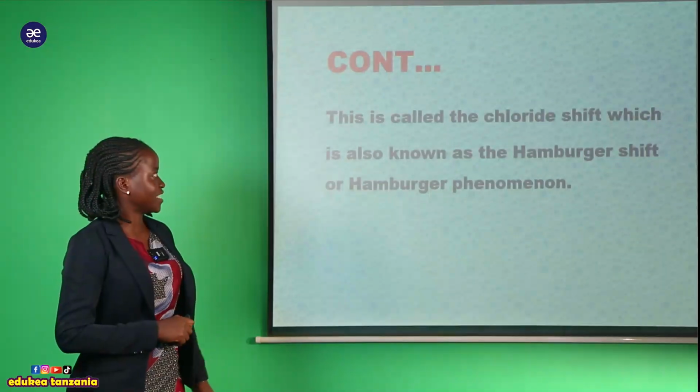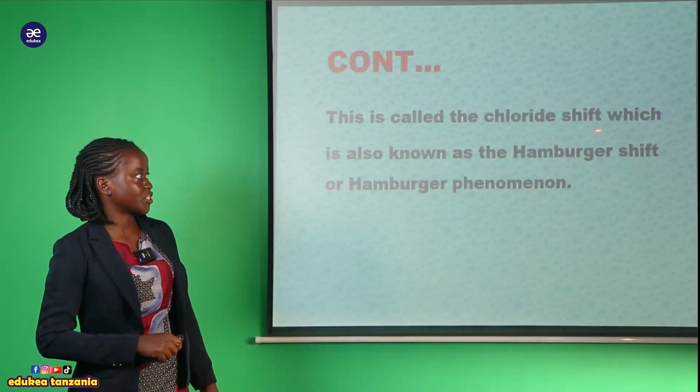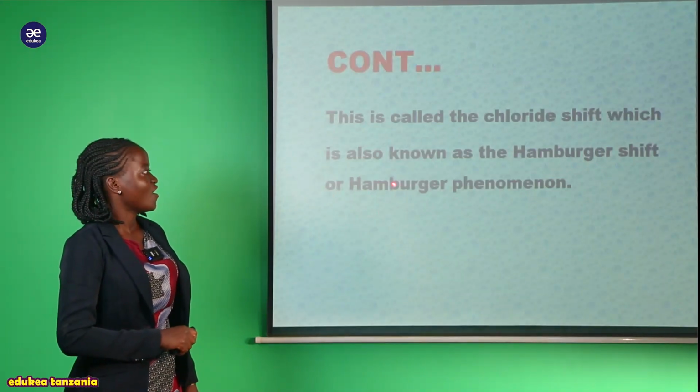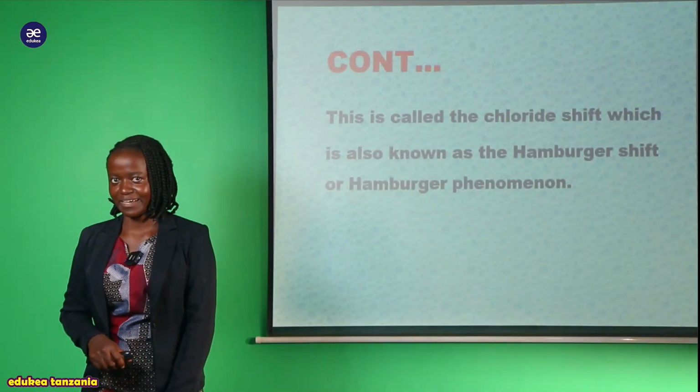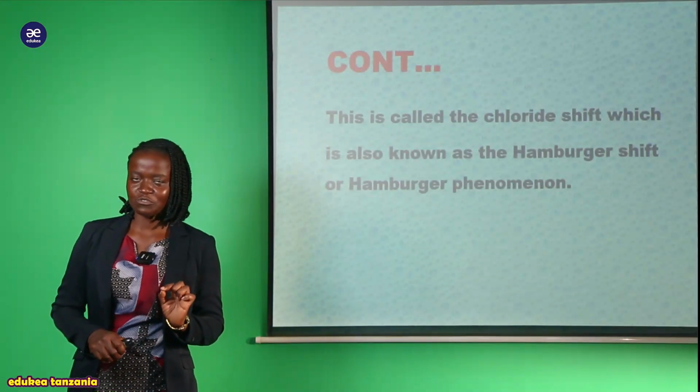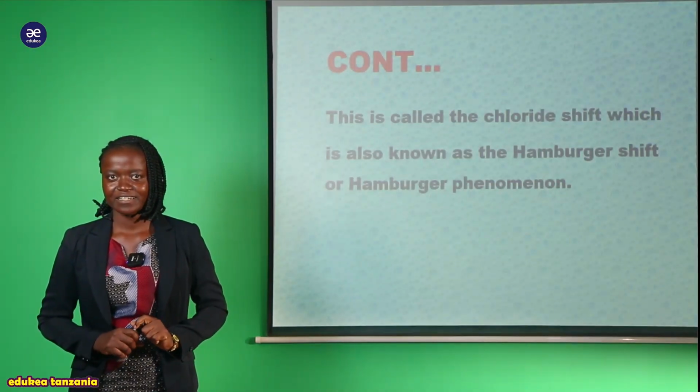But also we are saying that this is called chloride shift, which is also known as the hamburger shift or hamburger phenomenon. So these are the things that you have to know and keep in your mind.